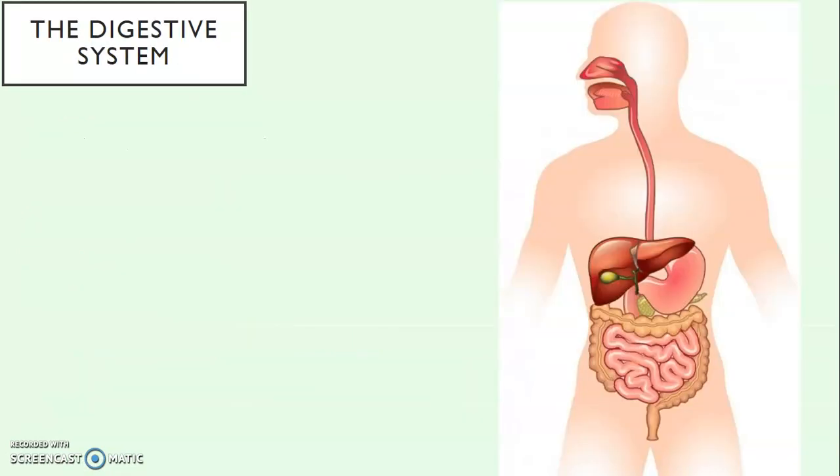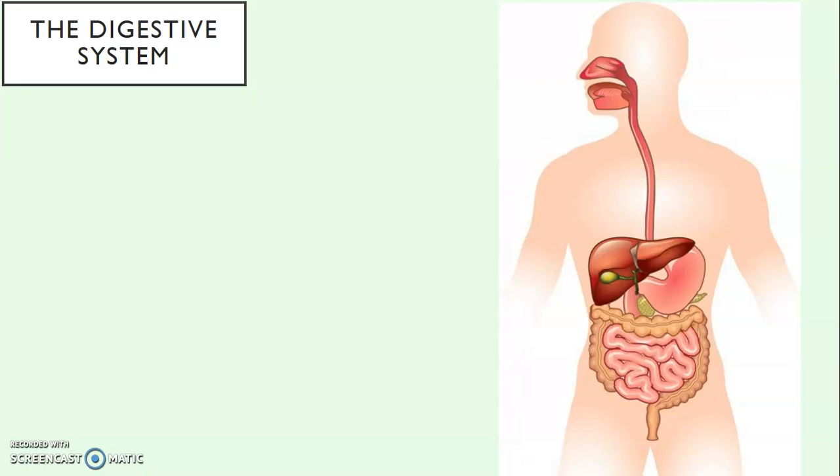So overall our digestive system looks something like this. It starts up here at the mouth, and it goes right down to where the waste food is excreted from the anus. What I would like you guys to do first of all is to pause the video and get your own copy of a digestive system and get it labelled as we go through.